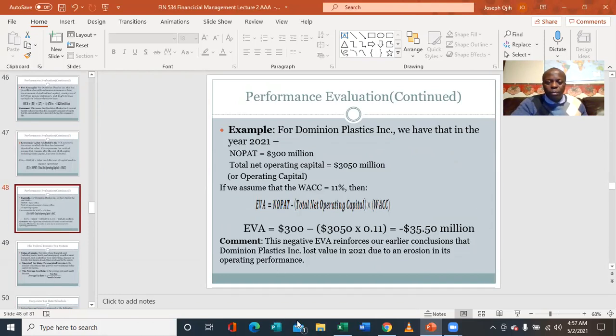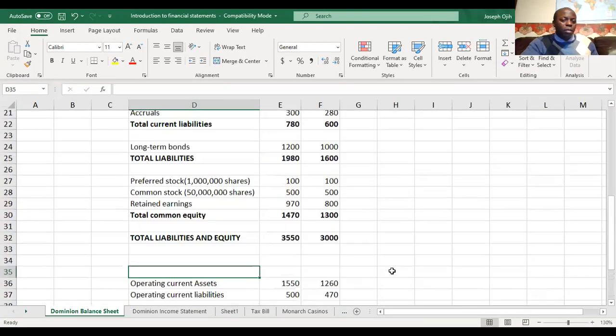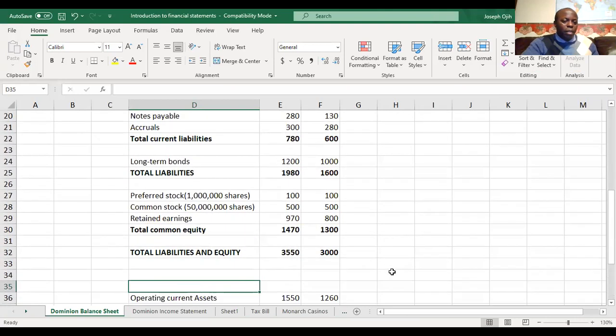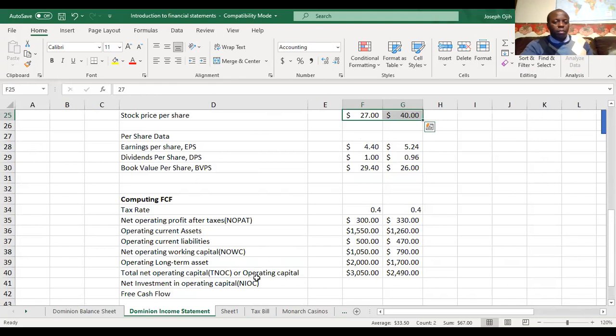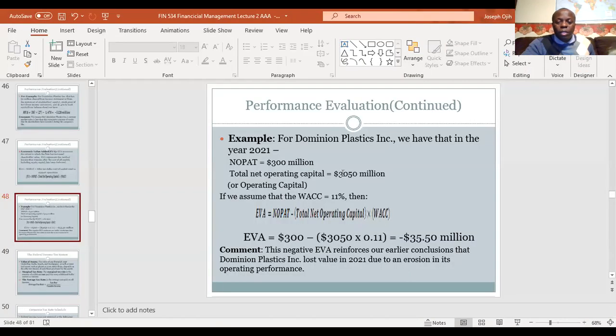If you look at the income statement, NOPAT, net operating profit after tax, is 300 million. The weighted average cost of capital is 11%.